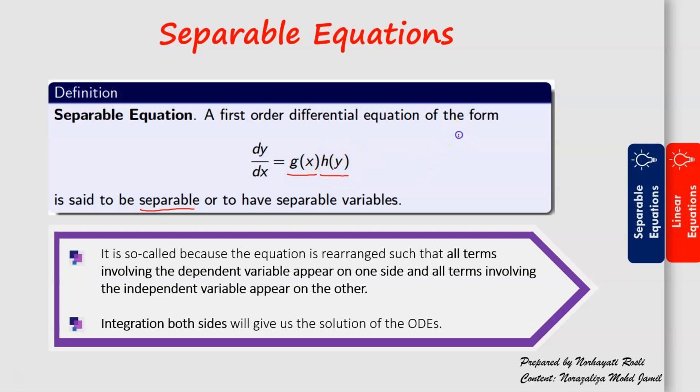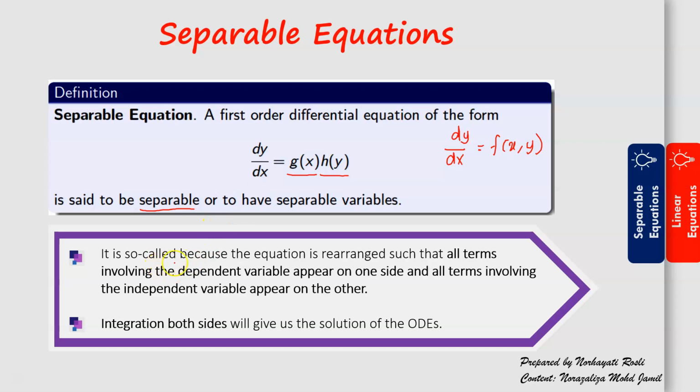Originally we have dy/dx equal to a function of x and y. And if this function of x and y you can factorize to get g(x) multiplied with h(y), we say that the differential equation is separable.